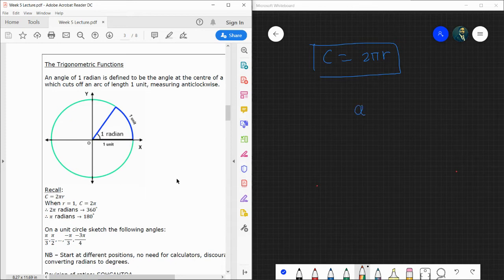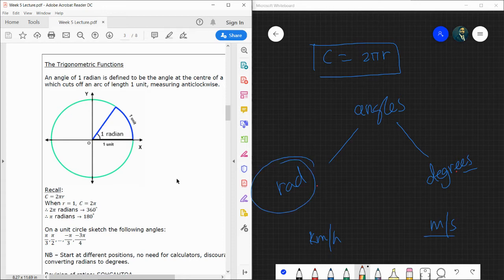There are angles that you can measure in either radians or in degrees. For example, you can measure your velocity or speed in kilometers per hour or meters per second, depending on what you need. Similar to that, you can do it in radians or you can do it in degrees.